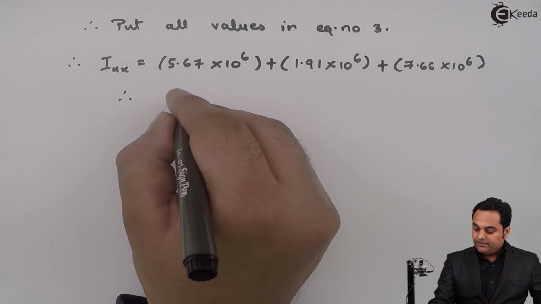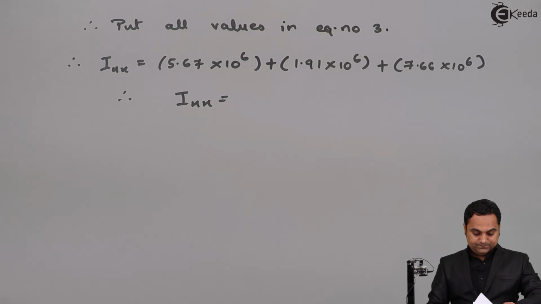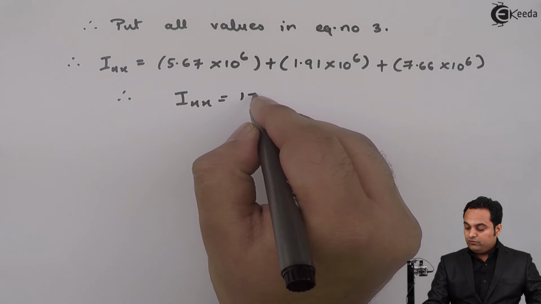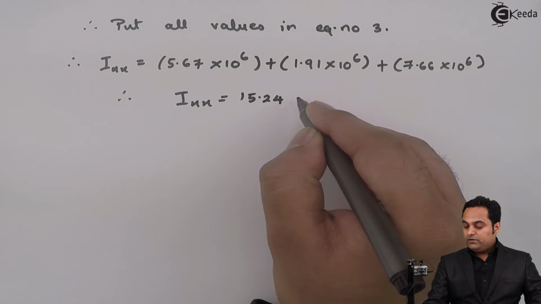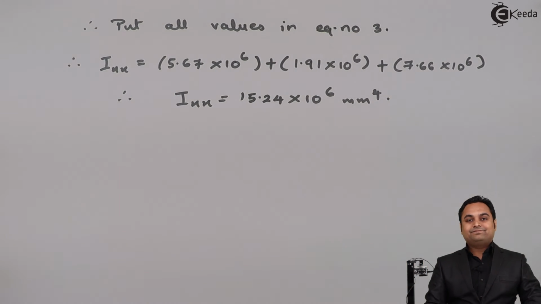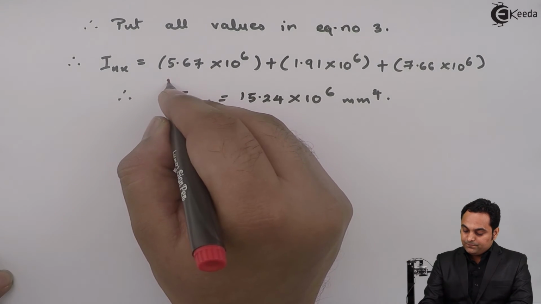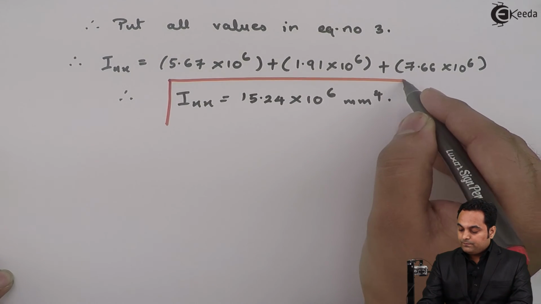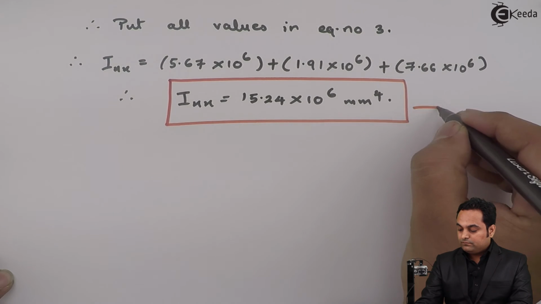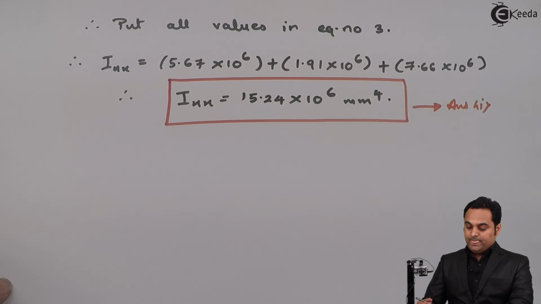So after adding them, I'll get my answer of Ix, which is 15.24 into 10 raised to 6 mm raised to 4. So here is our first answer, that is, we have found out Ix.